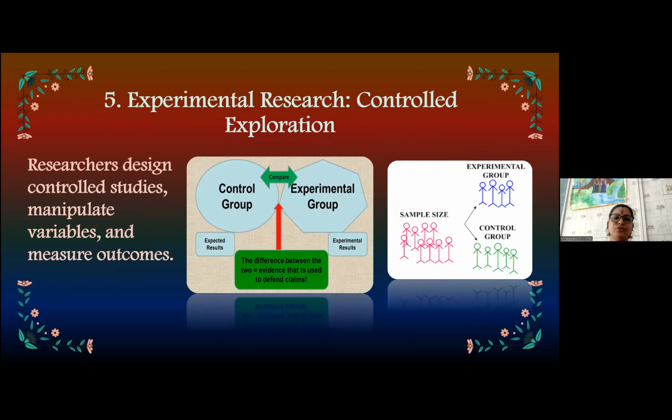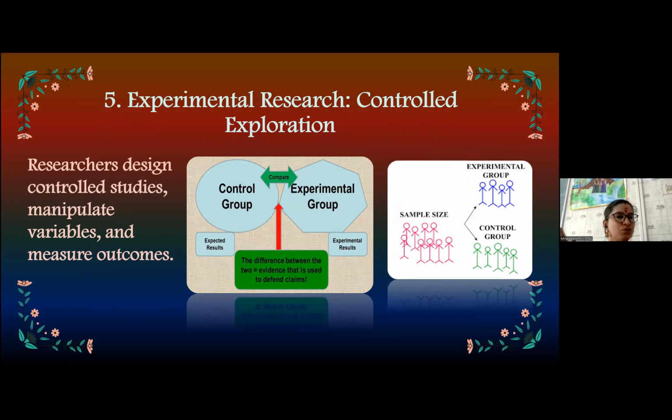Experimental research, that is controlled exploration. So we know that when we say ELT research, it is not only the ELT experts but everyone who will ask, is it control group, experimental group research? Everybody knows that experimental research is like controlled exploration.